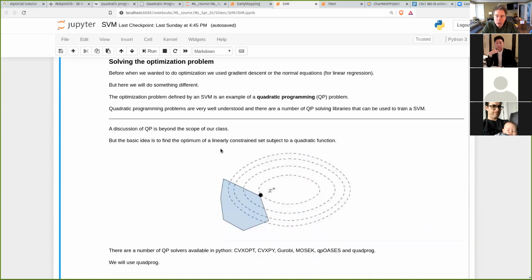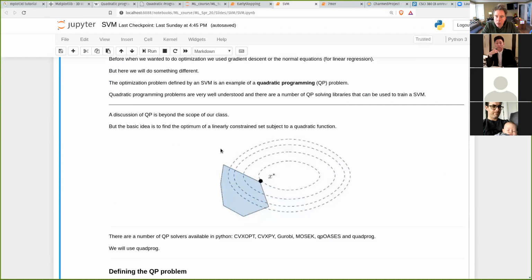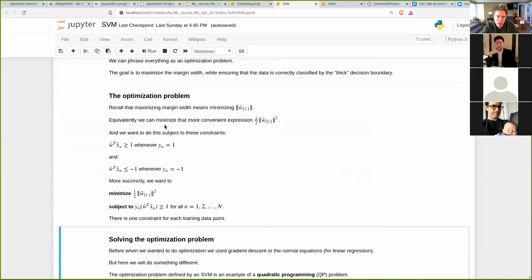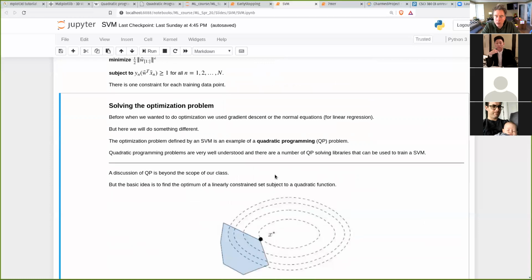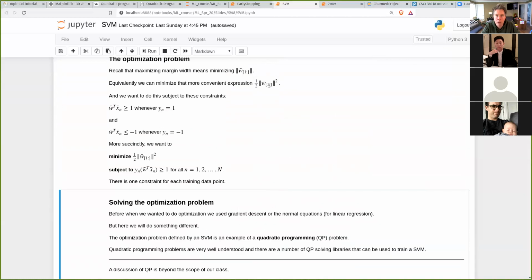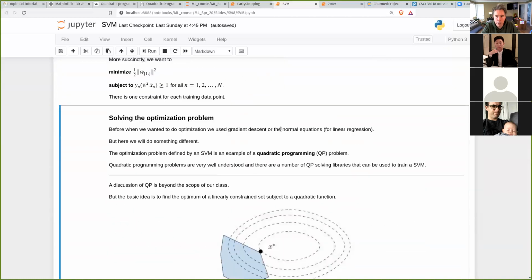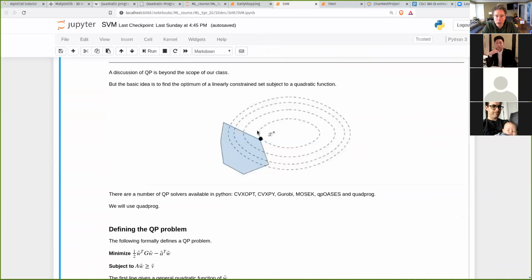So what is a quadratic programming problem? It's when you have a quadratic objective function, which we do. You know that this is just a sum of squares, right? So it's quadratic in W. And you have a linear system of constraints, and that's why this looks kind of jagged here.